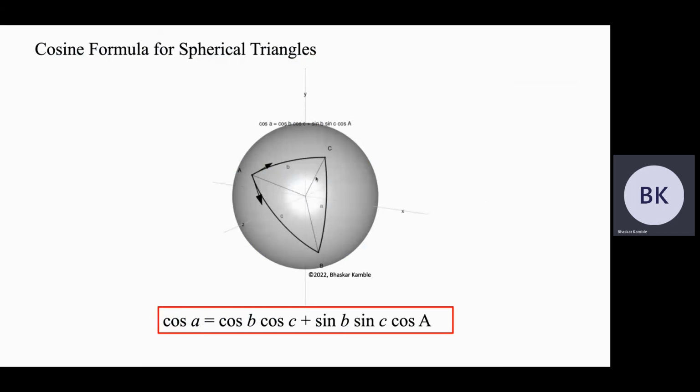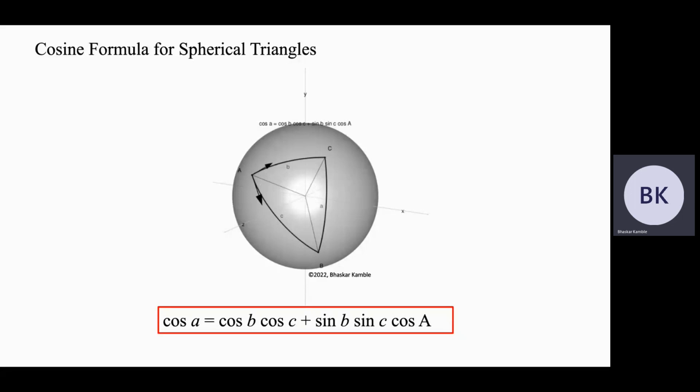So the cosine of small a is equal to the cosine of small b times cosine of small c plus sine of small b sine of small c times cosine of this angle capital A. This is one of the principal formulas of spherical trigonometry.